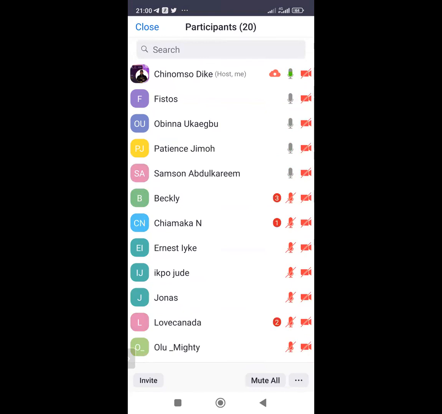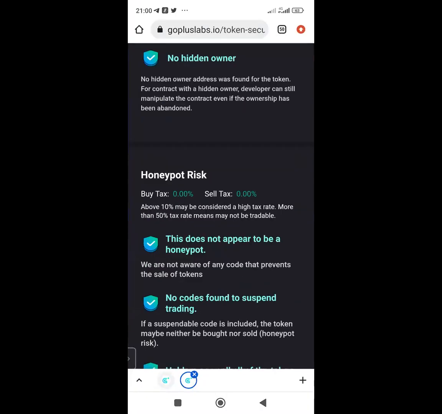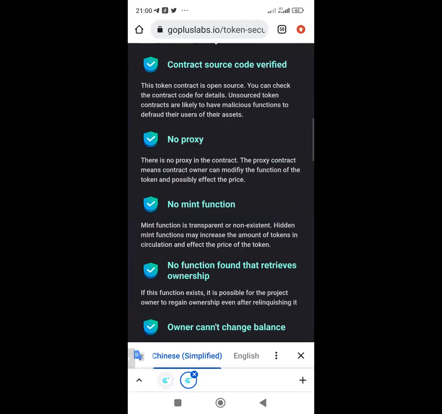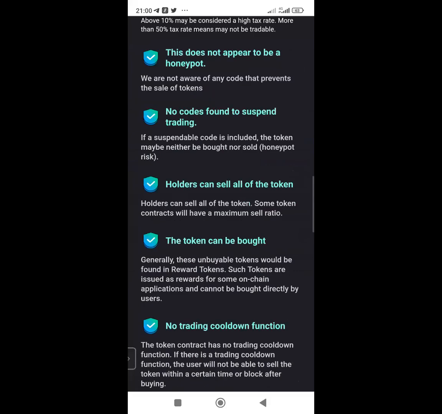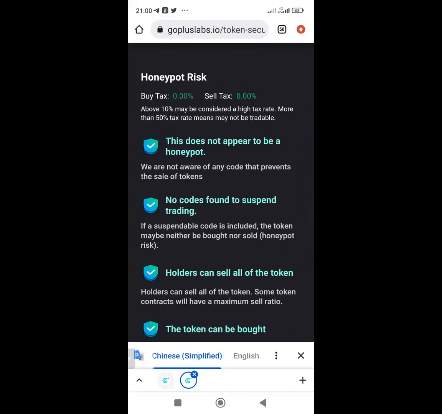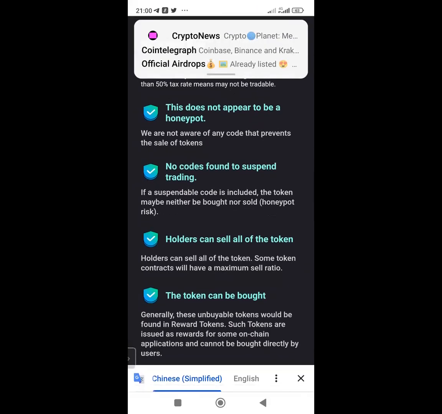Okay, good. So that's one thing in crypto: you buy a coin and you cannot sell it back. It's like you've gotten into a honeypot and you can't come out again. Honeypot is the name we call a lot of the things scammers do.